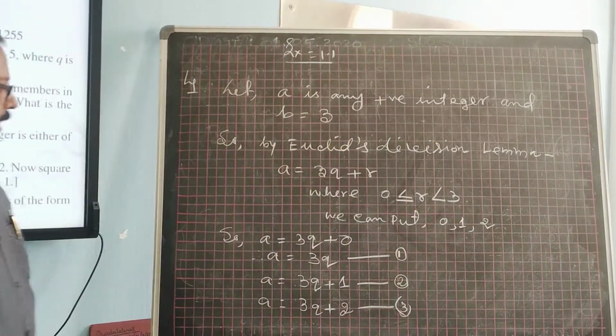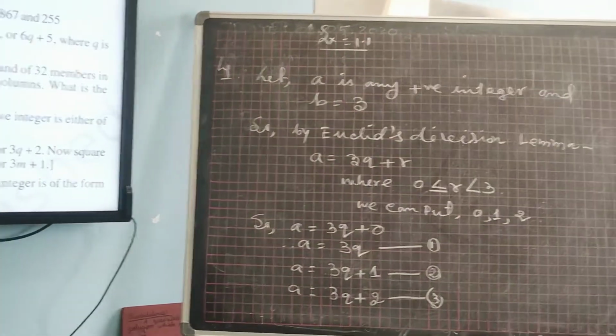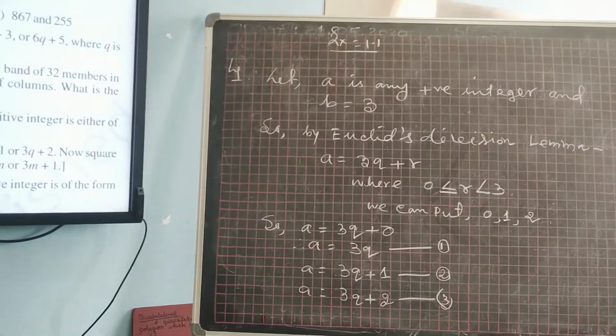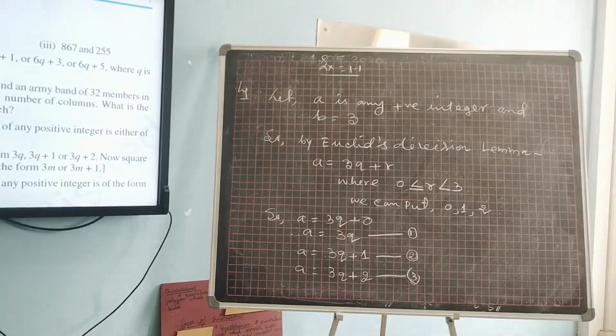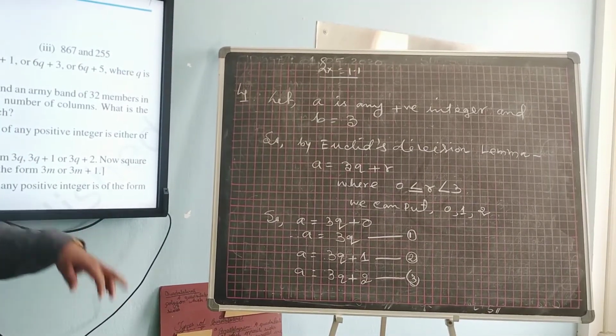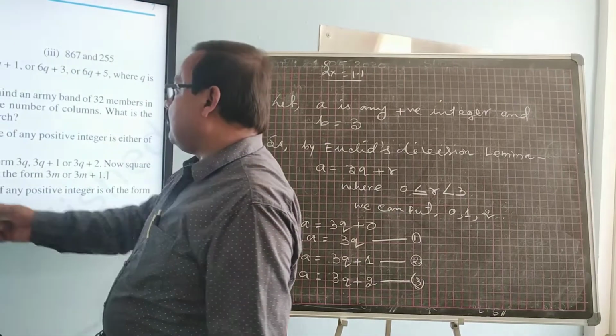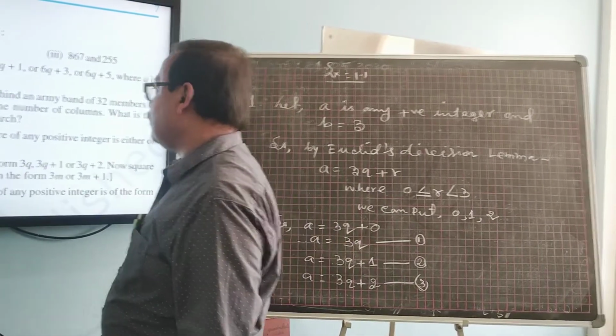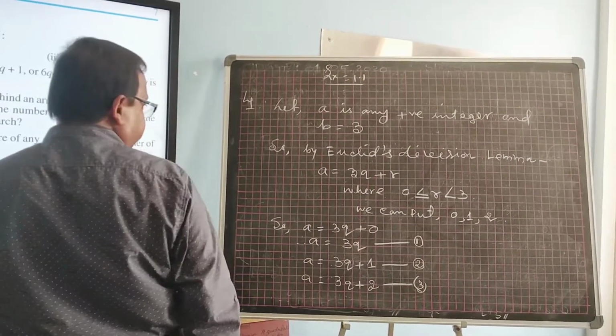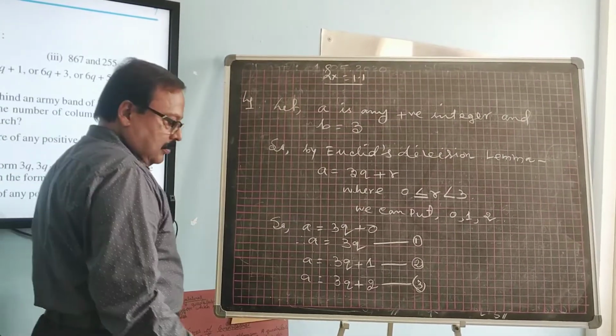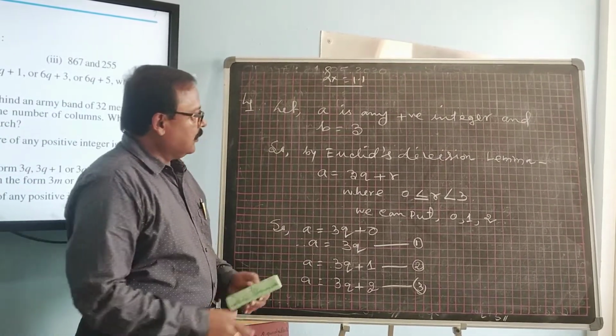Now the question said the square of any positive integer is either of the form 3m or 3m plus 1 for some integer m. m is some integer. Then you understood?